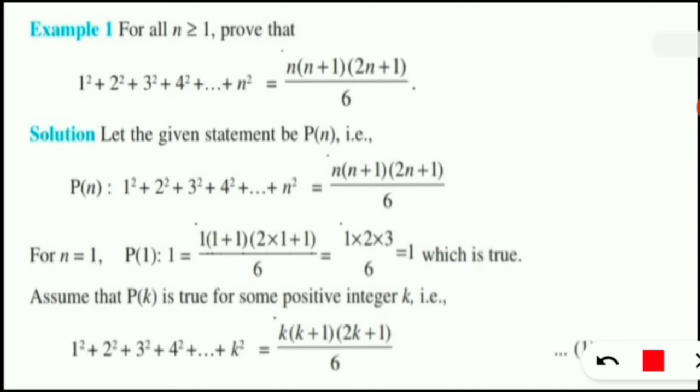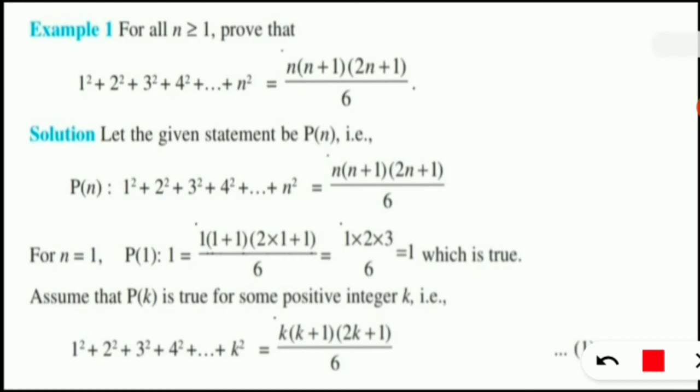Clear? Previous one sum of n natural numbers, but this one sum of squares of n natural numbers. Clear? So sum of squares of n natural numbers equal to n into n plus 1 into 2n plus 1 whole divided by 6.